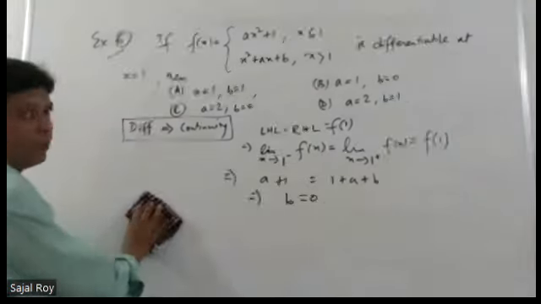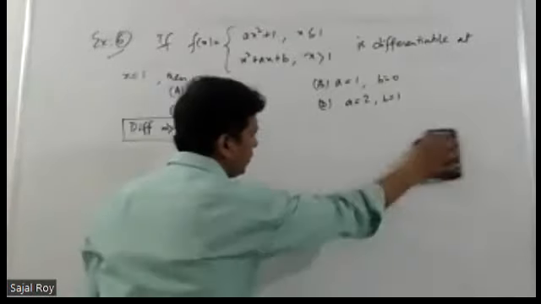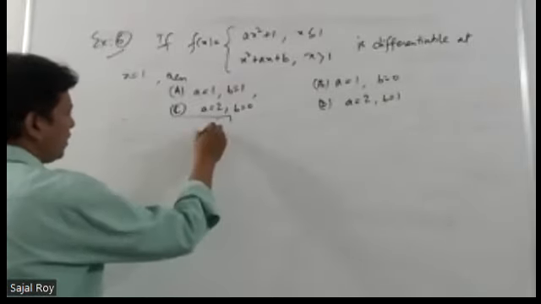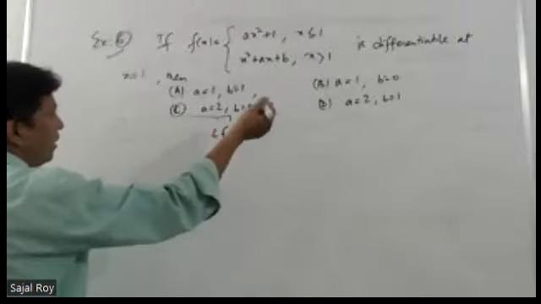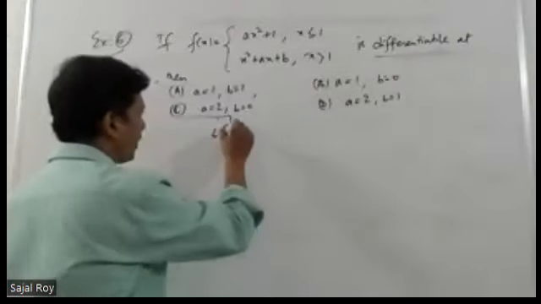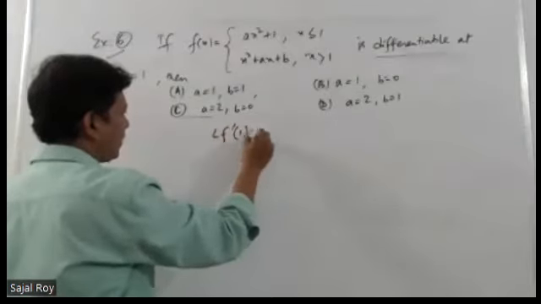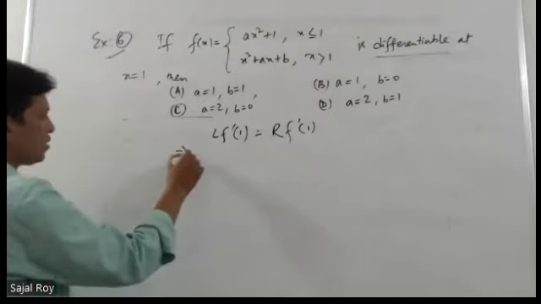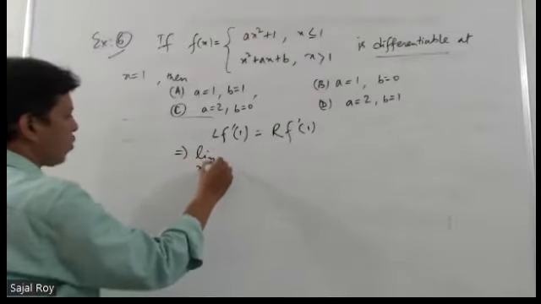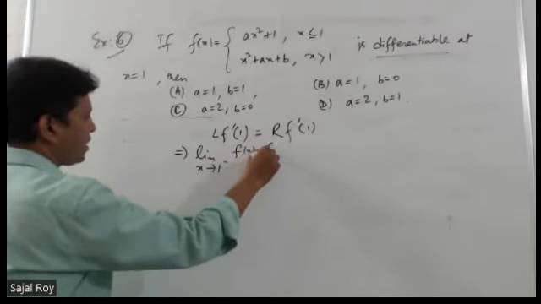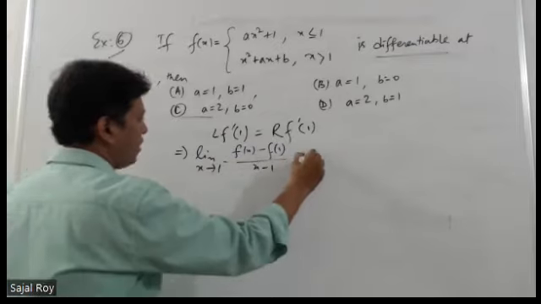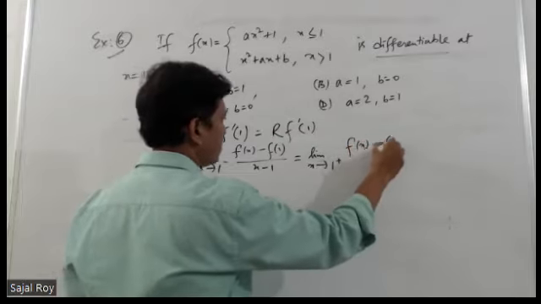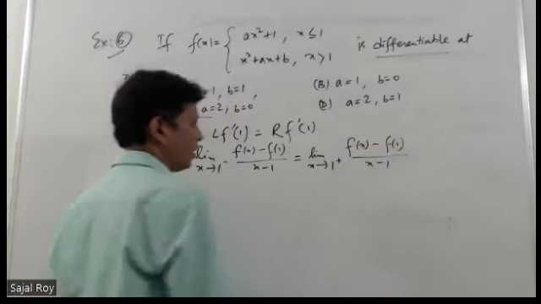So I will check the differentiability now. Let me apply differentiability at 1. It is differentiable at x equal to 1. That means f dash 1, the left hand derivative, equals the right hand derivative. They must be equal for differentiability. So that is limit x tends to 1 minus of (f(x) minus f(1)) over (x minus 1), and on the right, limit x tends to 1 plus of (f(x) minus f(1)) over (x minus 1).